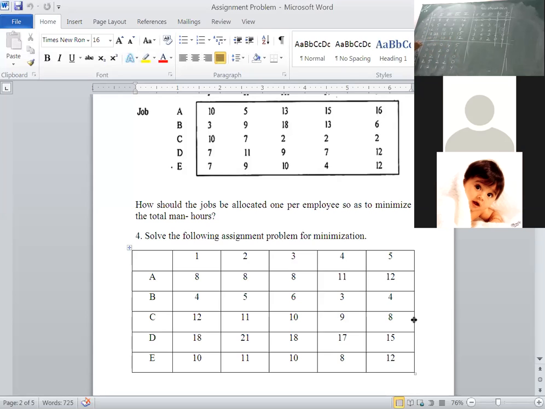Apply step 4. I am drawing a horizontal line because I have to give preference to the maximum number of zeros. Next one is C. Here the second row is having 2 zeros. Fifth column is having 2 zeros. Fourth column, if you want to take column-wise, you can take it.